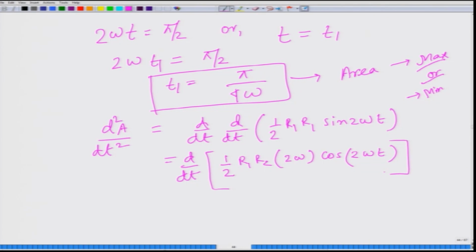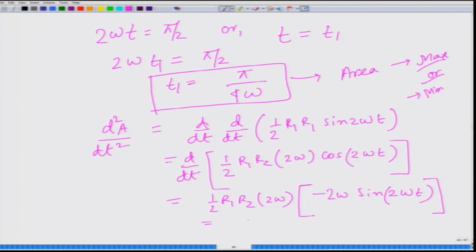Now I take the second derivative with respect to time, which gives me half r1 r2 2 omega. These are constants, so they come out of the expression, and I write minus sine of 2 omega t and 2 omega.